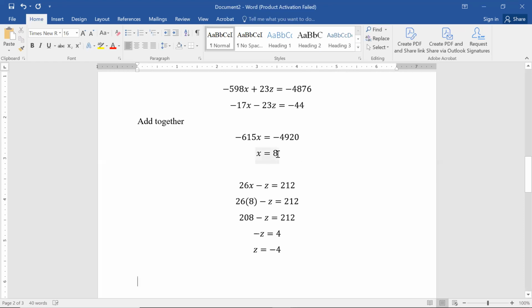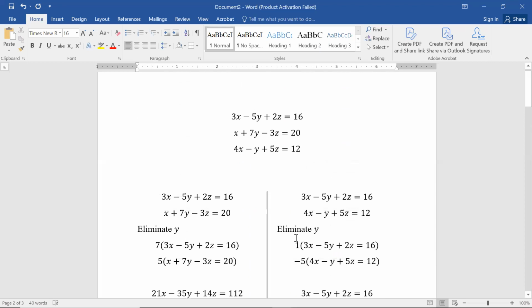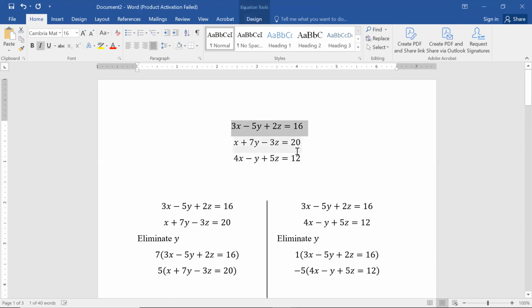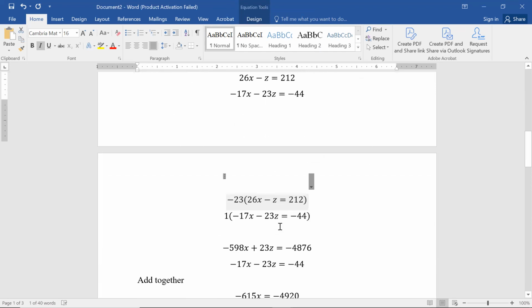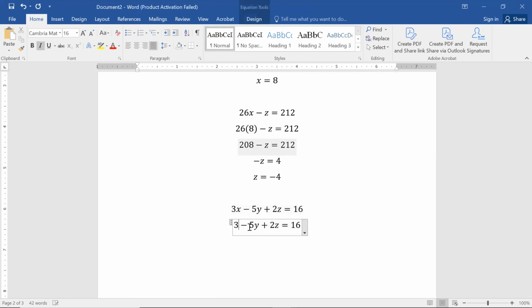Now I have the x value, I have the z value, so I go back up to one of my original x, y, z equations. I'll use the first x, y, z equation. Now that we know x is 8 and z is negative 4, we can solve.